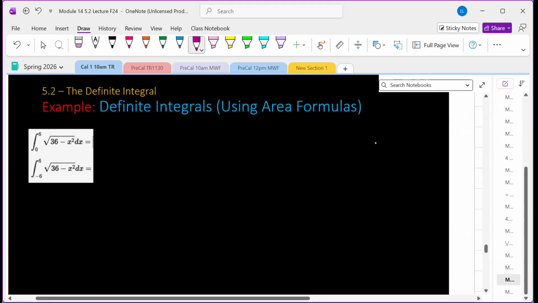All right, this one here, a little more interesting. So the square root of 36 minus x squared, it turns out, is just the upper half of a circle.